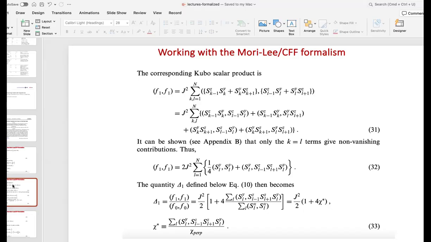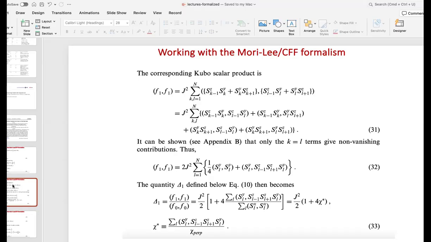Let me try and do this on the board. I'll just do the multiplication here. I will briefly show you. So what we have is this F1, which we call F1 with this notation.